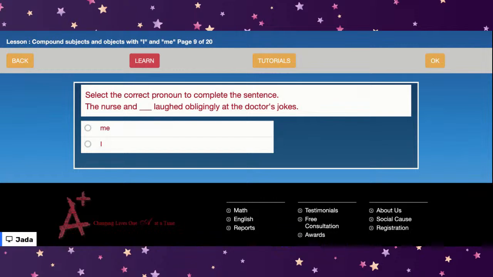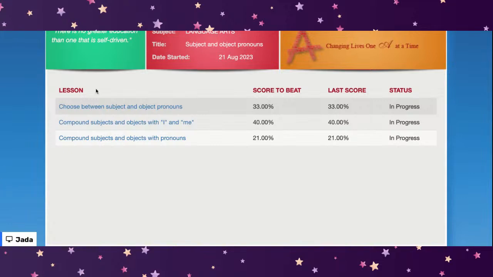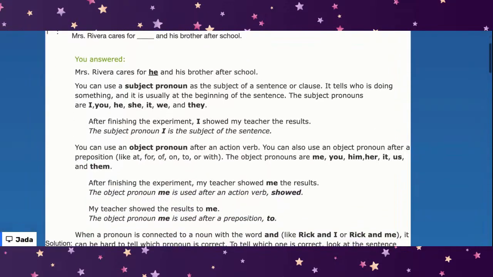That's your sentence. I am so bored. So I is the subject. Okay, good. Rest of you, send your sentence with either me or I before we continue with compound subjects and objects with pronouns.